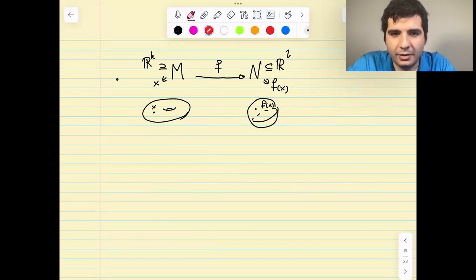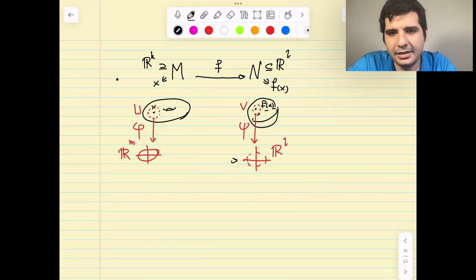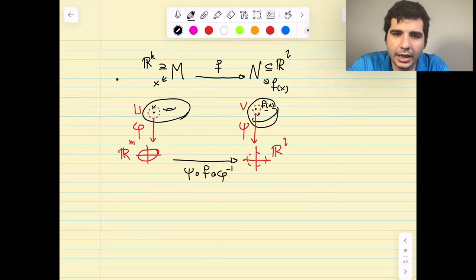Because M is a manifold, there's an open subset U and a map phi taking a neighborhood of x to some open subset in some Rm, assuming M is m-dimensional. F of x would have a neighborhood V and a map psi, taking that to our N, let's say. The manifold is n-dimensional. Now, using this composition, psi of F of phi inverse, we can go from a subset of Rm to a subset of Rn.